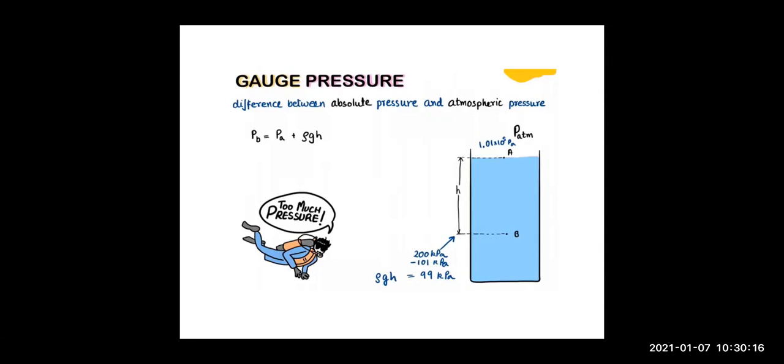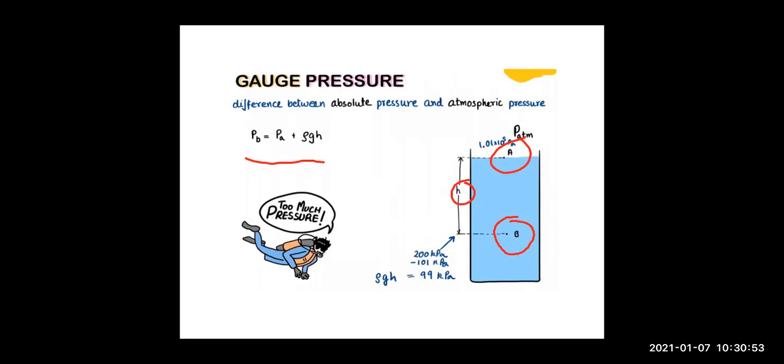Suppose here, children, at point A, as it is exposed to the air, the pressure acting at point A will be P atmosphere, that is 1.013 × 10^5 Pascal, right? Now at point B, which is at height h from point A, if we want to find the pressure, then we know the formula PB equals PA plus rho gh.